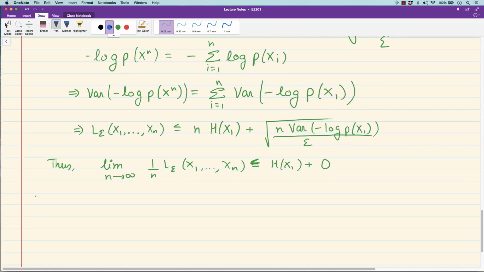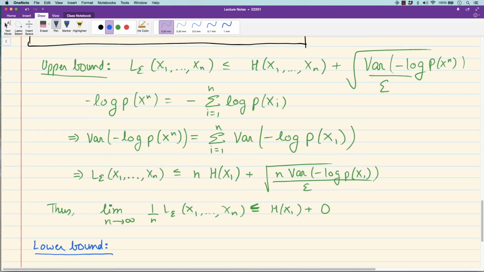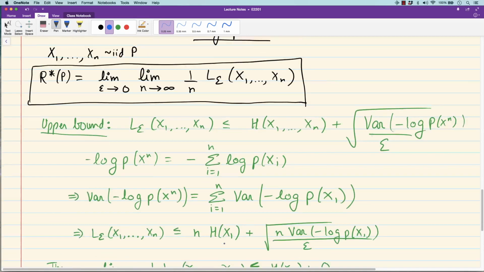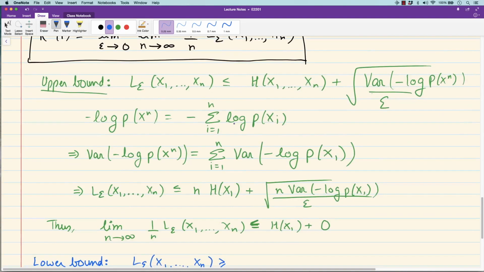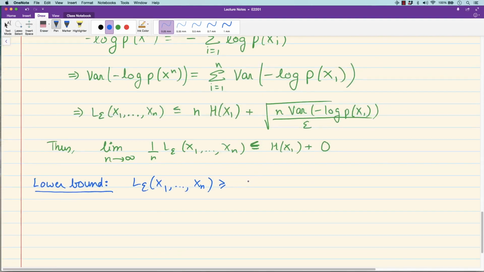Also, we have derived a lower bound, so we now apply this lower bound to our L epsilon x1 to xn term. Remember that we have shown that L epsilon x1 to xn is at least h of x minus epsilon times the cardinality of x minus 1. Okay, so h of x now is n times h of x1, because again x1 to xn are IID, minus epsilon times log cardinality of x. But for the sequence, this cardinality grows like this.